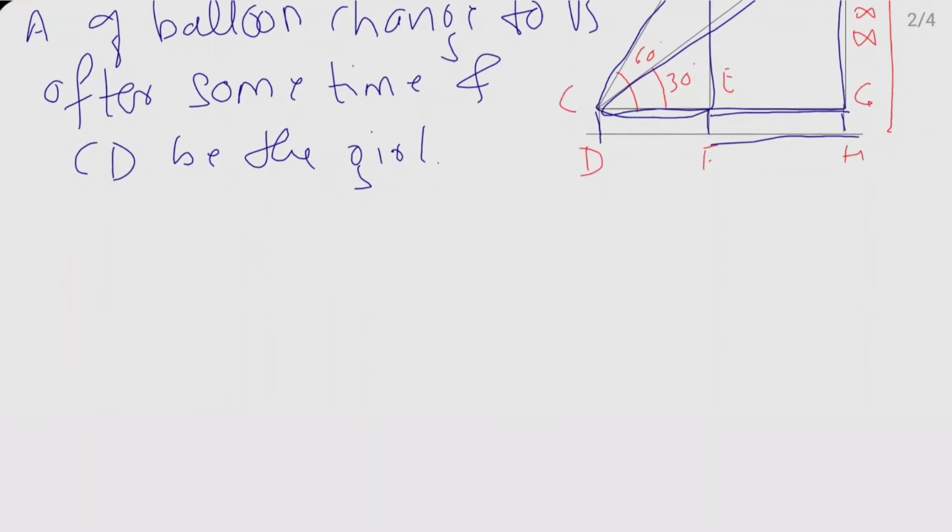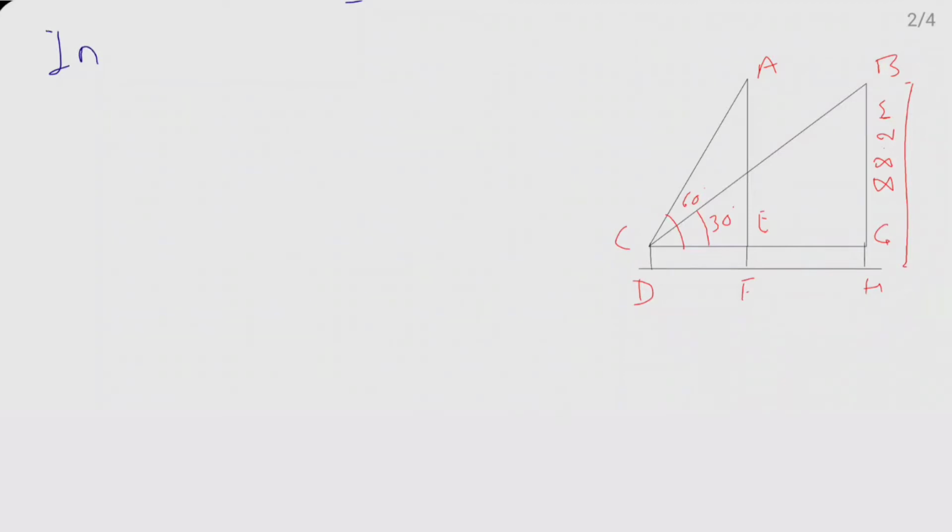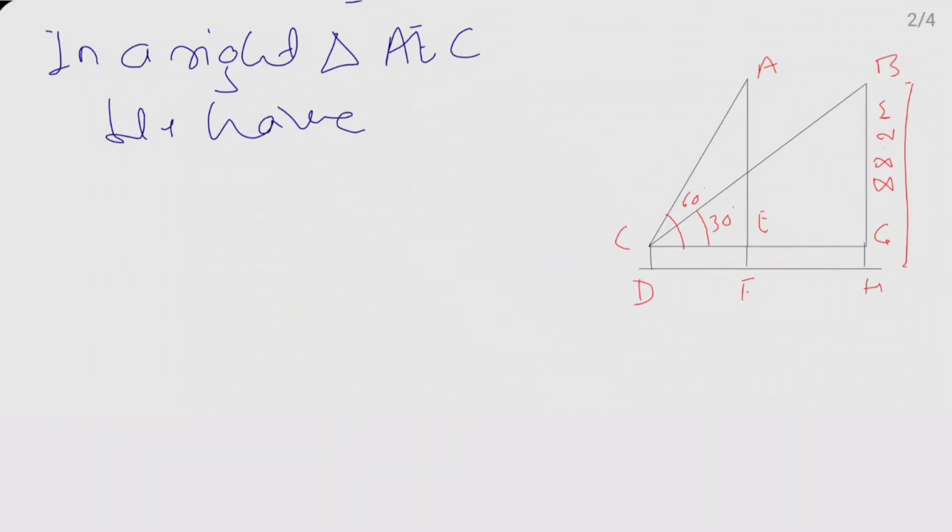So write down here, in right triangle AEC we have tan theta equal to opposite by adjacent.